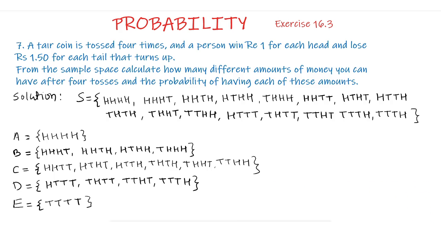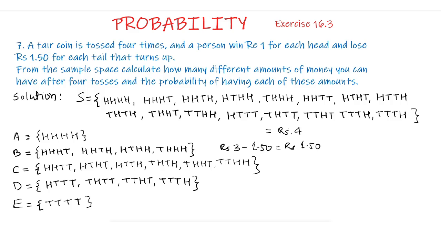So the amount for all 4 heads gives us an earning of rupees 4. For event B, there are 3 heads and a tail, so the earning for 3 heads is rupees 3 and a loss of rupees 1.50. So that is rupees 3 minus 1.50, equal to rupees 1.50 earning.